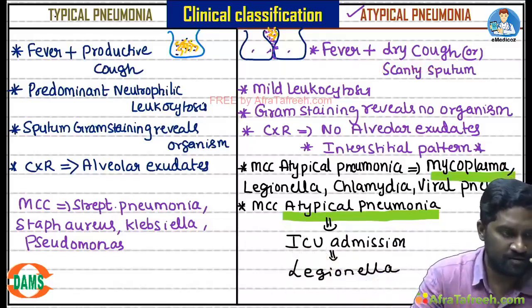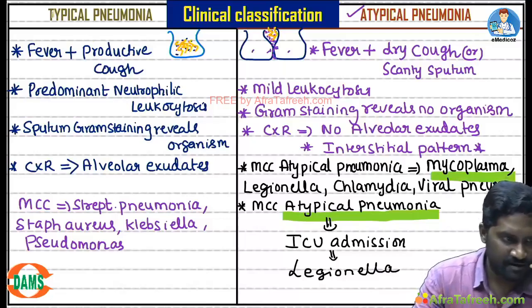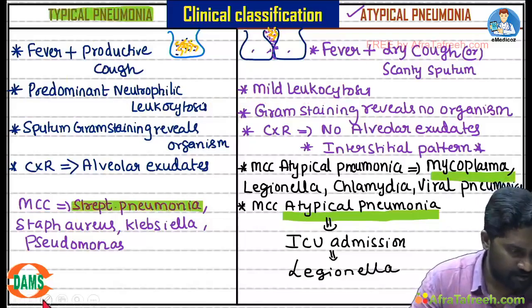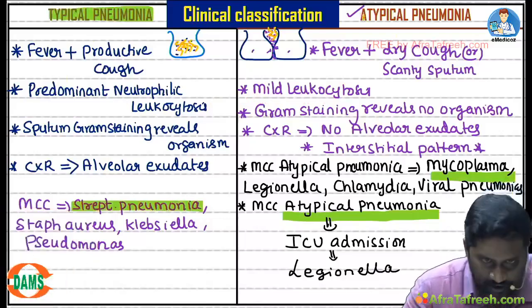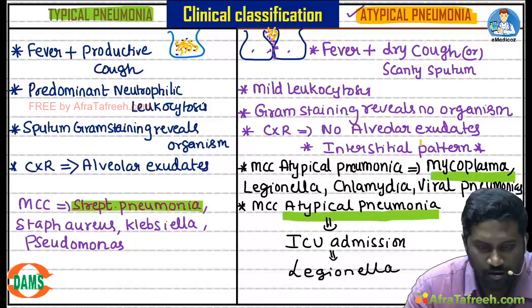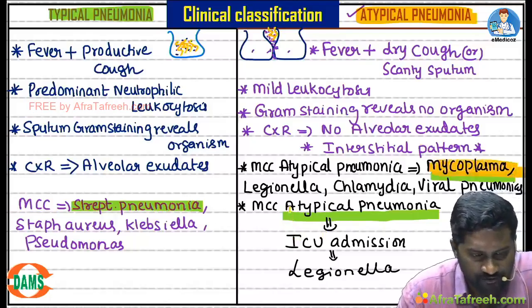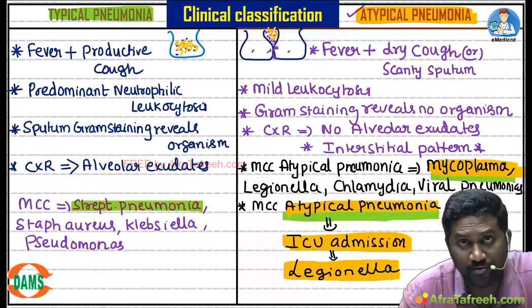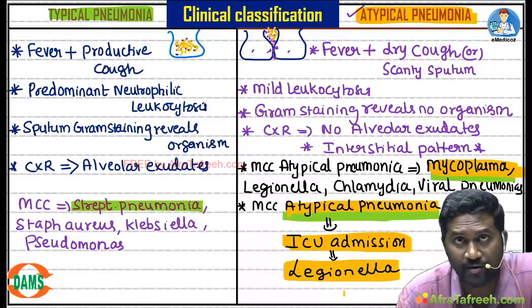So in the question, if they mention typical pneumonia, most common cause is Streptococcus pneumoniae. If they mention atypical pneumonia, most common cause is Mycoplasma, and most common atypical pneumonia resulting in ICU admission will be Legionella.